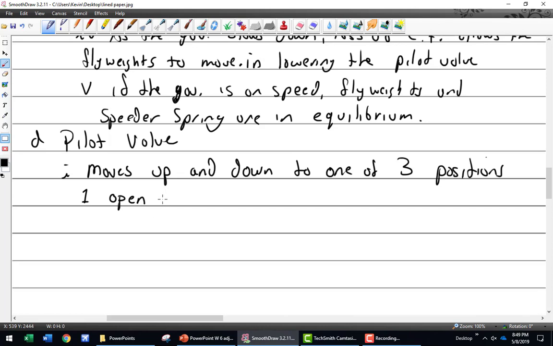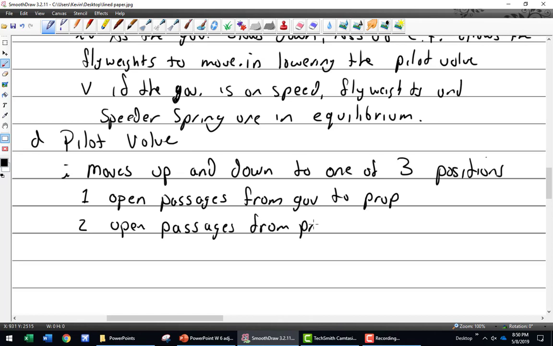Open passages from the governor to prop, or open passages from prop to drain, and the drain goes back to where?